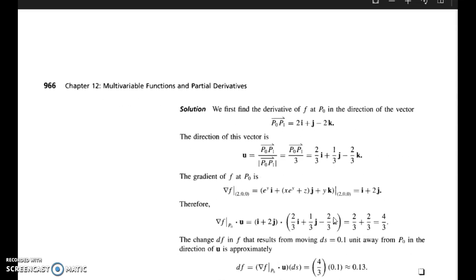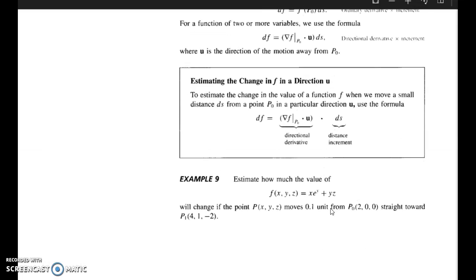The direction of this vector is u equal to P0P1 divided by mod P0P1. The direction of the vector is given by the data. The point moves from this point to this point.